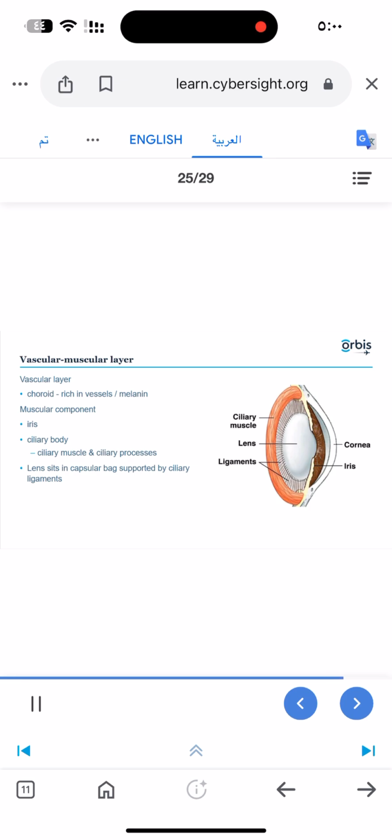Contraction of the ciliary muscle alters the shape of the lens and hence allows accommodation of vision, that is, the ability to focus on both near and far objects.